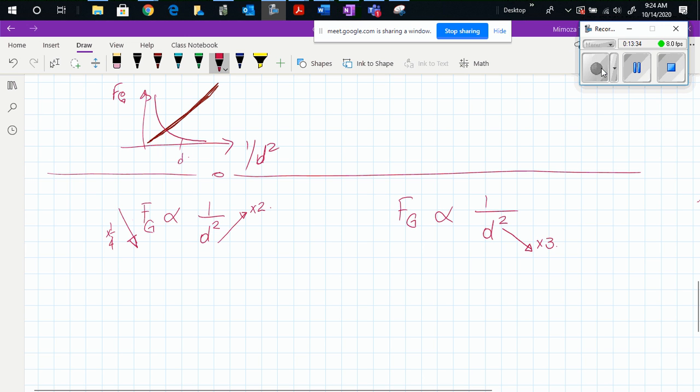It is increasing by a factor of 9, because 3 to the power of 2 is 9, and then it will be 1 over 3 to the power of 2, which is 1 over 9, which is 1 times 9 over 1, or equal to 9.